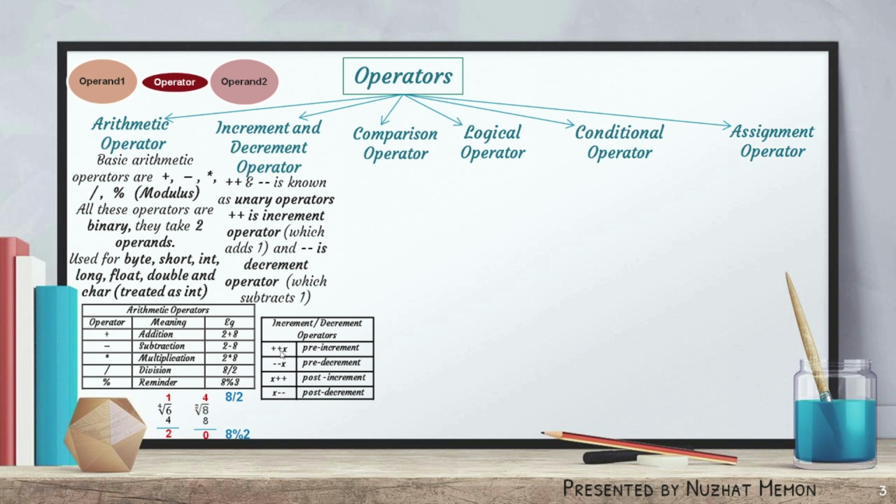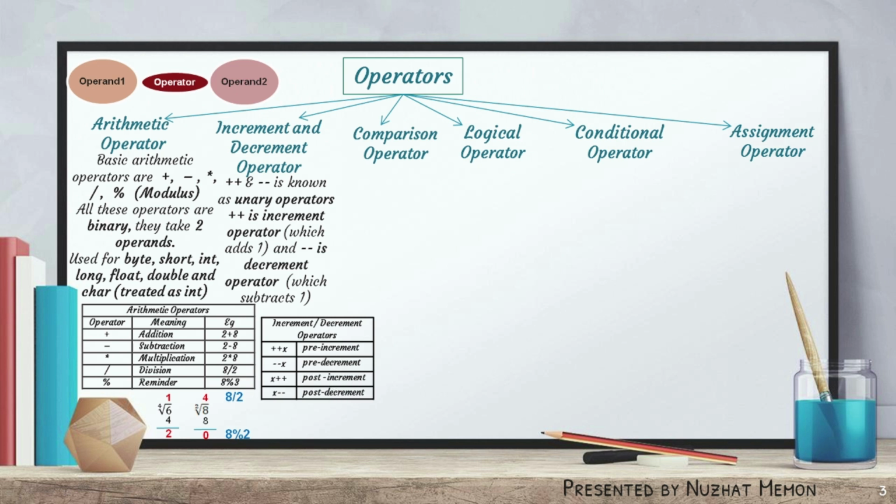When increment plus plus or decrement minus minus is before the variable name, then that is known as pre-increment or pre-decrement. In the same way, if the increment plus plus or decrement minus minus is after the variable name, then that is known as post-increment or post-decrement.